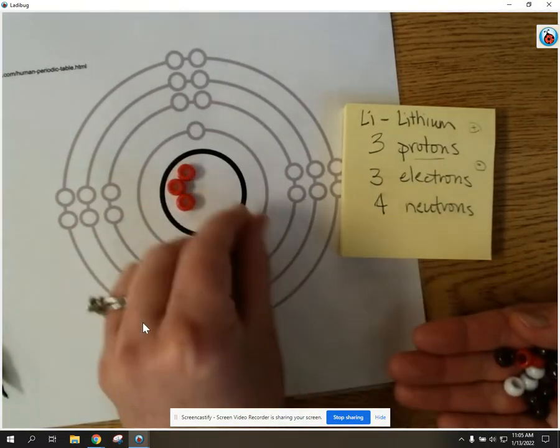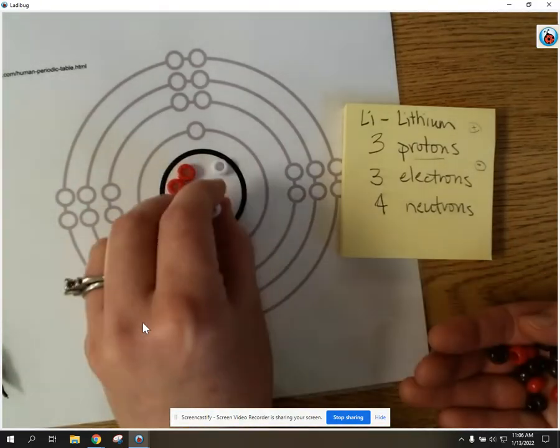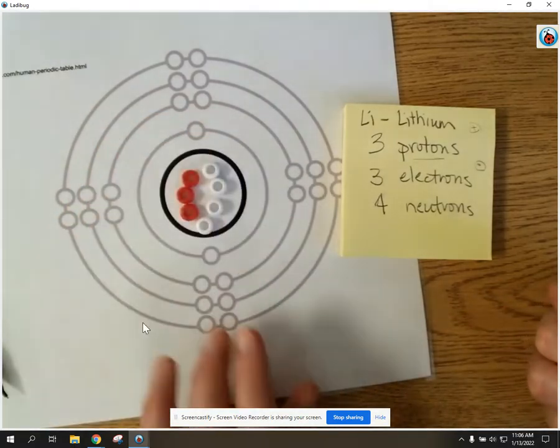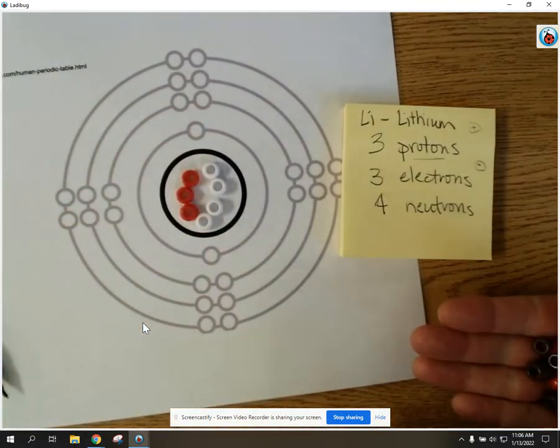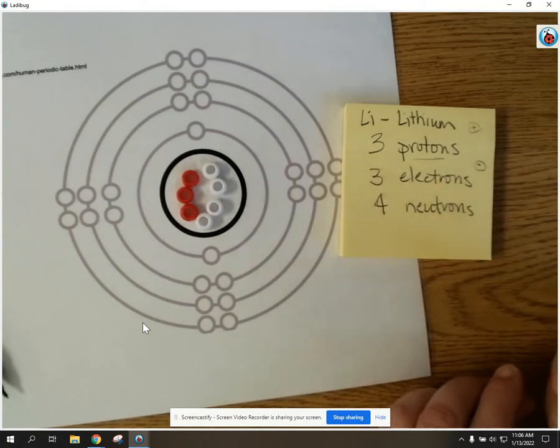The neutrons. So I'm going to give it 4 neutrons, and then here's where it gets really important that you pay attention to this part. How many electrons do I need? I need 3. How many can go in that first level? Do you remember? Only 2.